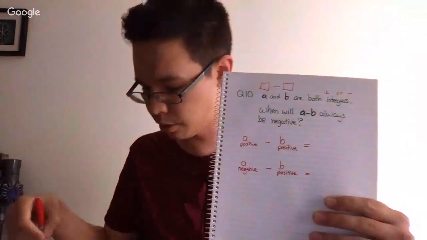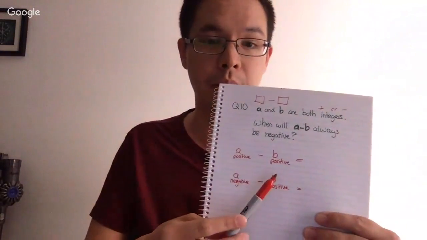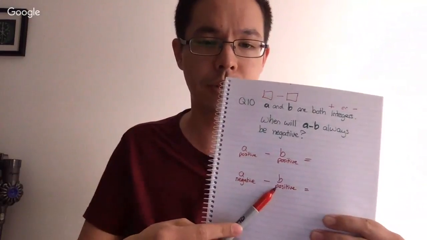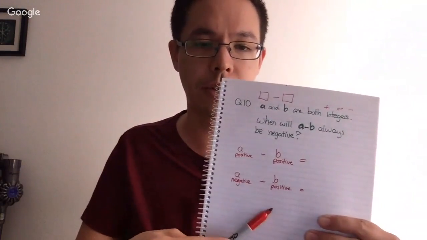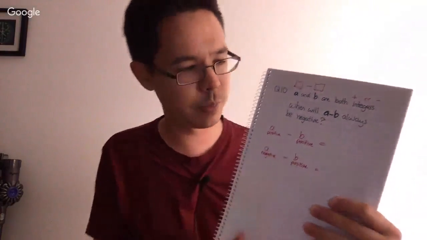In total I thought of about 4 different combos: both positive, negative positive, positive negative, and negative negative. So those are the 4 combos I was thinking of. And then I did a bit of thinking.